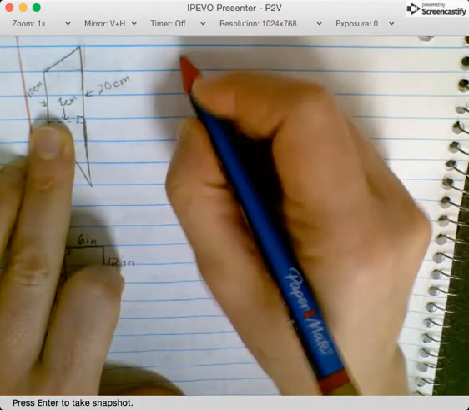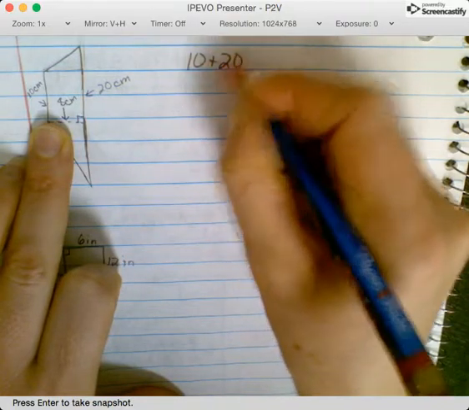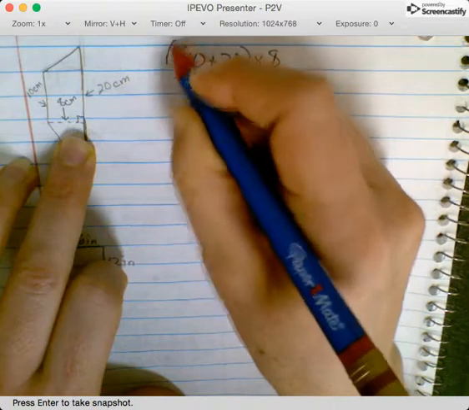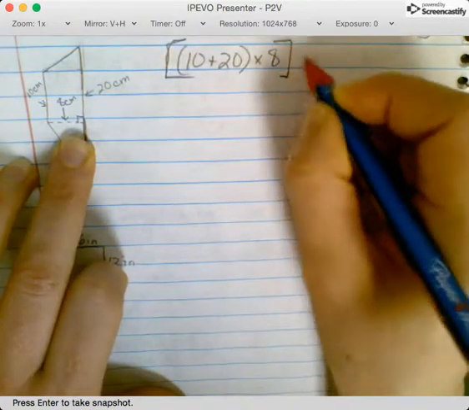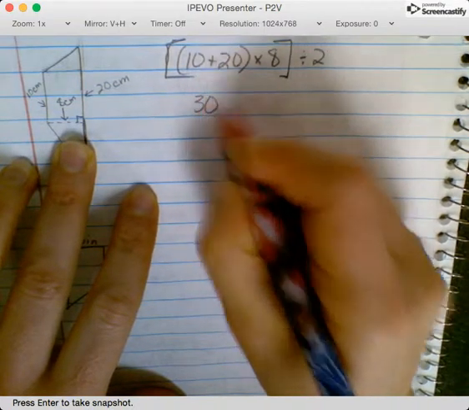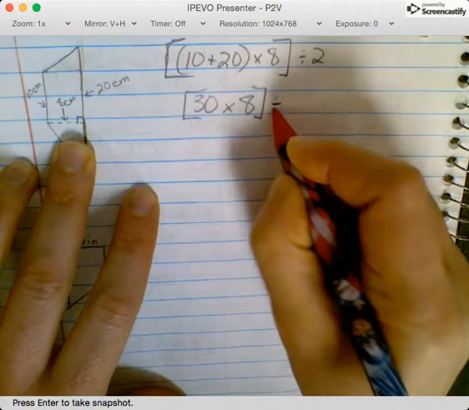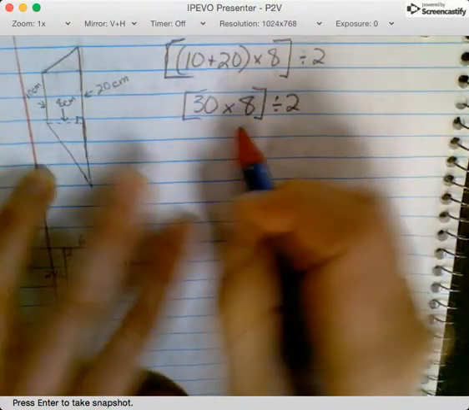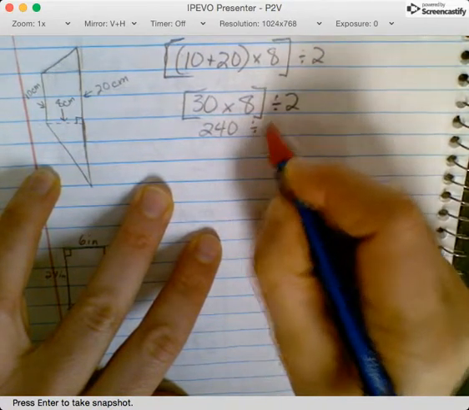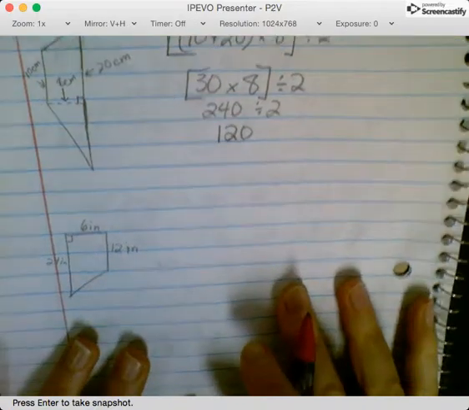So I have my base 1 plus base 2, which is 10 plus 20, and then my height is 8. And then I divide that by 2. So 10 plus 20 is 30. And so then I have 30 times 8 divided by 2. And 30 times 8 is 240. And then I do 240 divided by 2. And then I get 120.